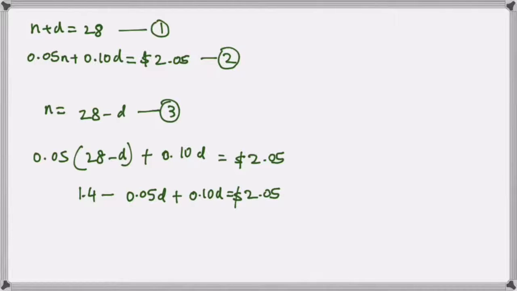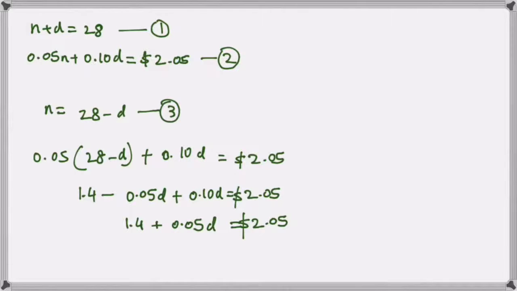Now, what is negative 0.05d plus 0.10d? When you simplify, you will get 1.4 plus 0.05d equals 2.05.